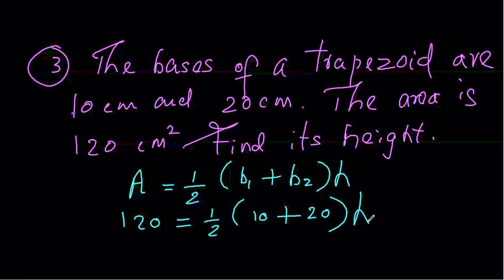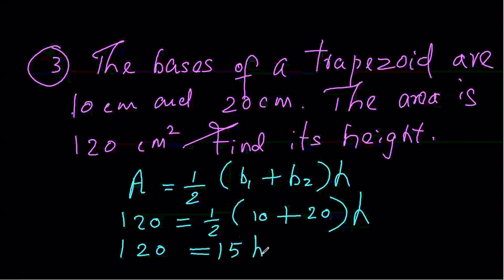So how do you solve for height? 120 equals 10 plus 20 is 30. 30 divided by 2 is 15 times height.